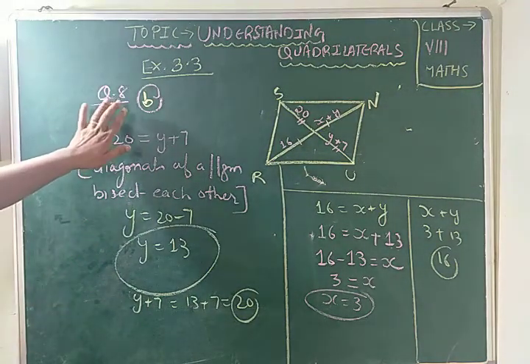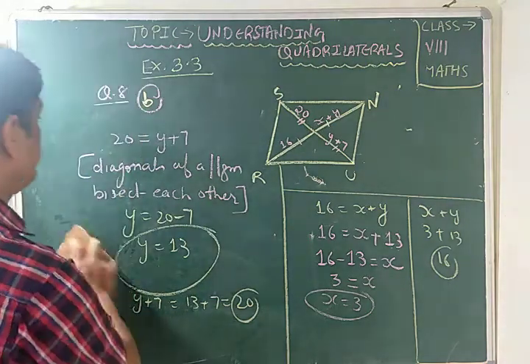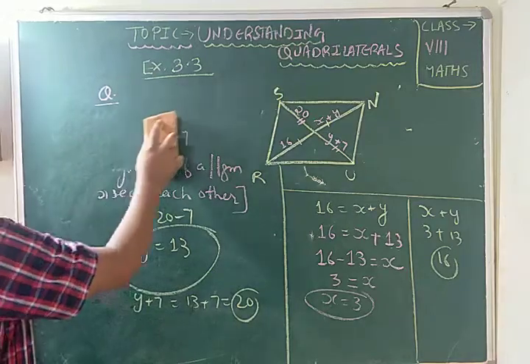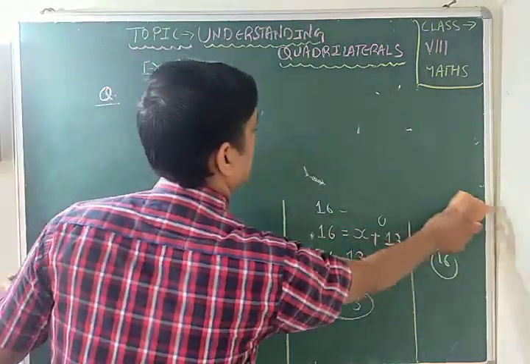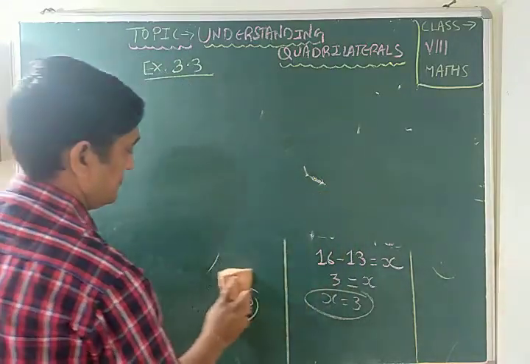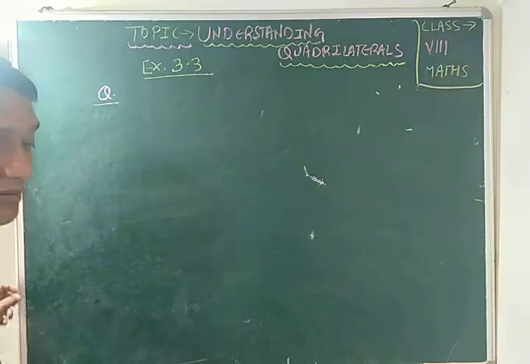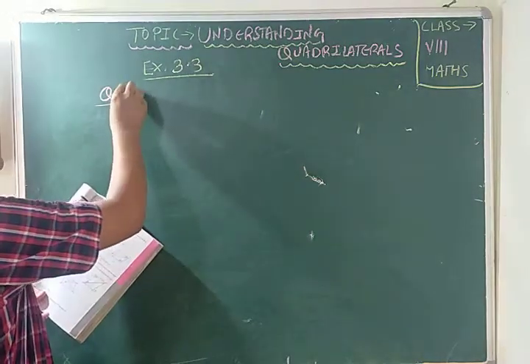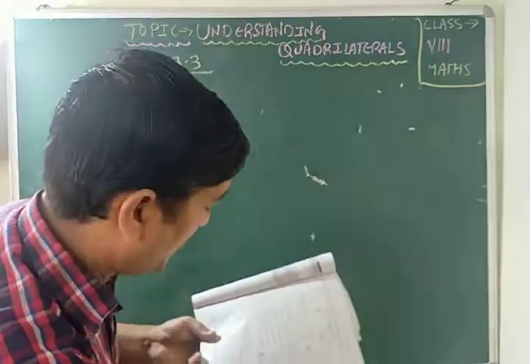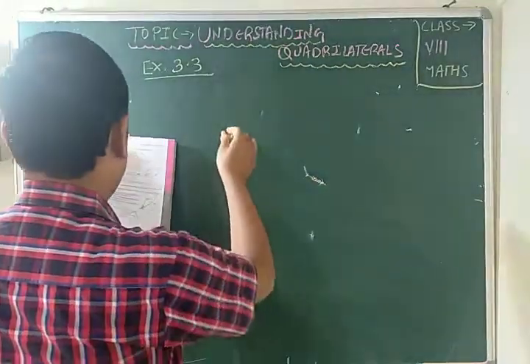Children, now after question number 8, we will do question number 9. Question number 9 is what? Listen carefully. Here we have what? In the figure is given. Look at the figure, everyone.